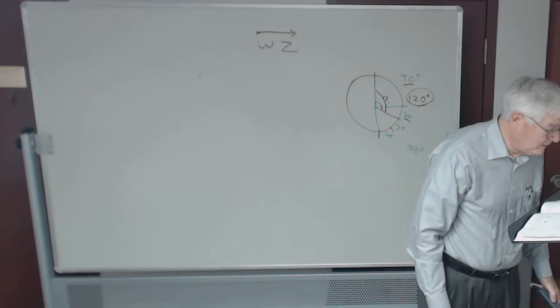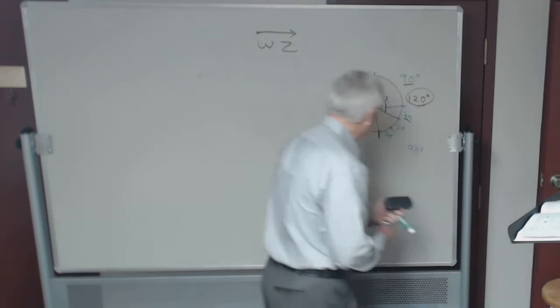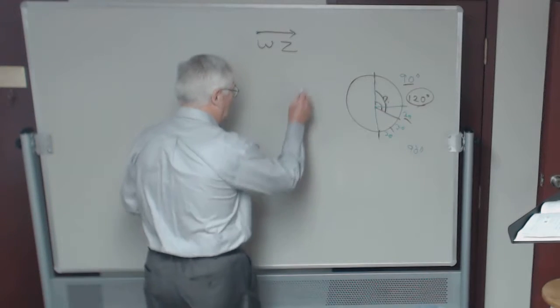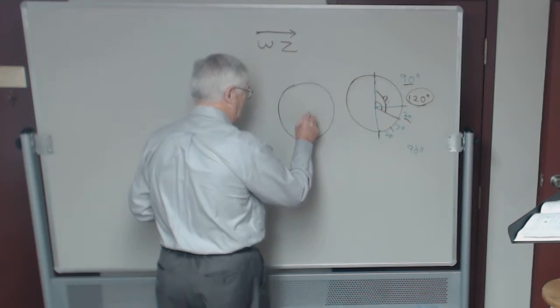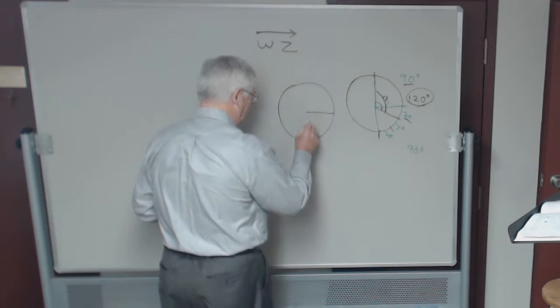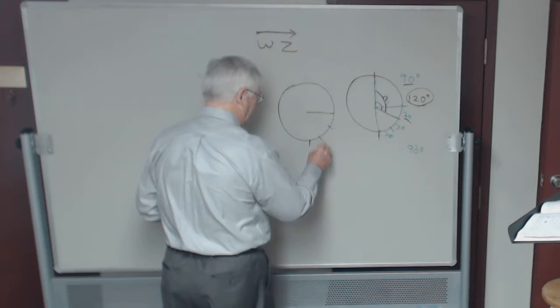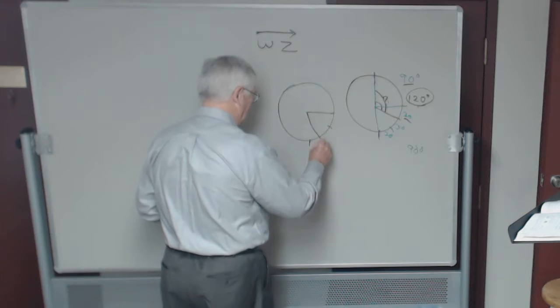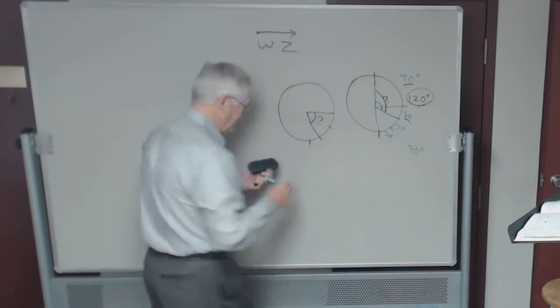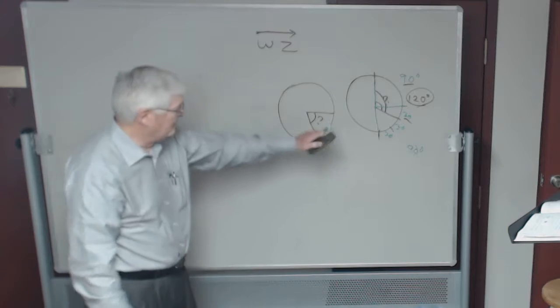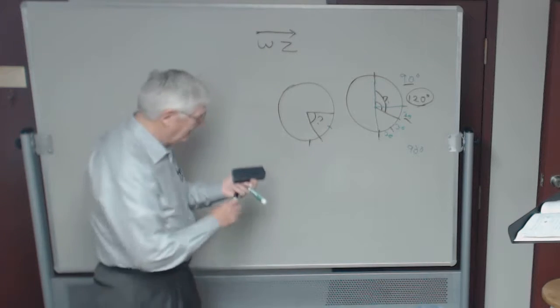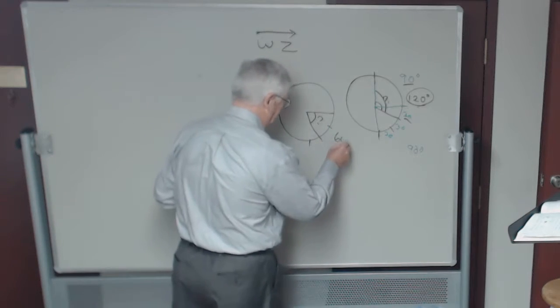Do we need to do another one? Maybe. 3 to 5. Here's 3. Here's 6. Here's 4. Here's 5. What would that be, based on what we did over there? 60. Yeah, that'd be 60 degrees.